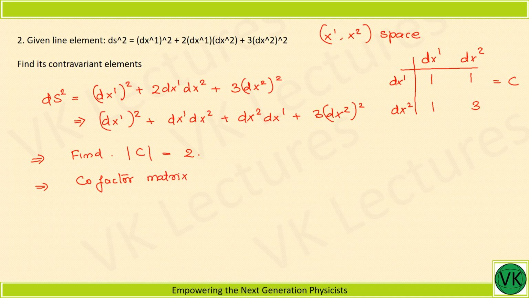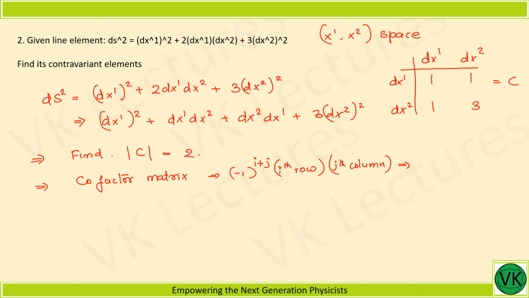The cofactor is minus 1 to the power i plus j, and since it is a 2 by 2 matrix, you have to remove the ith row and jth column. What you get by removing the ith row and jth column is your answer. So for 1 comma 1, the 1 is removed and 3 remains.